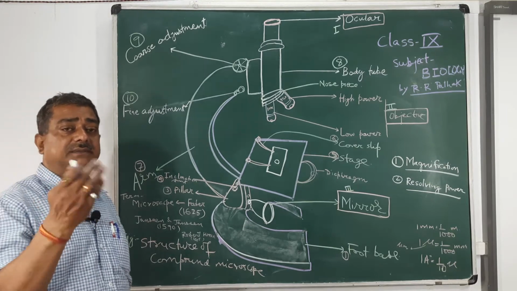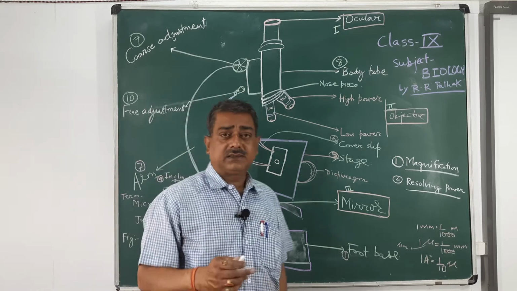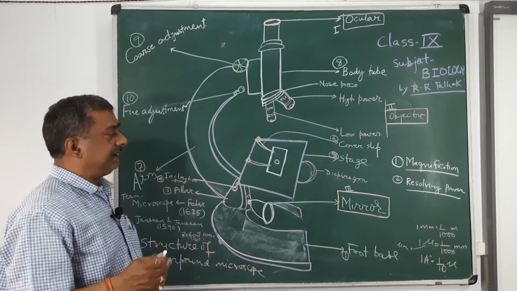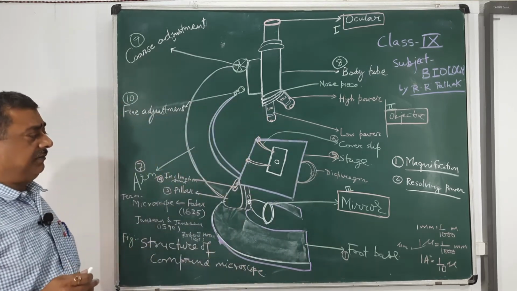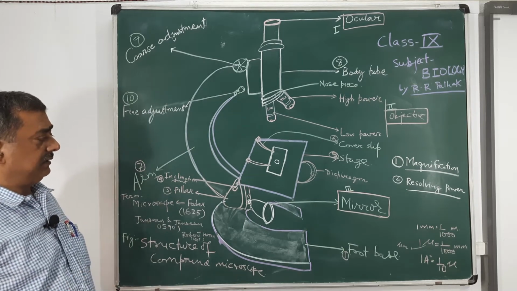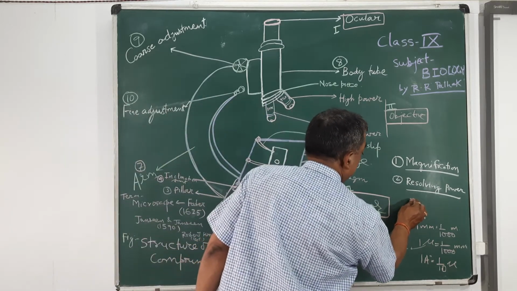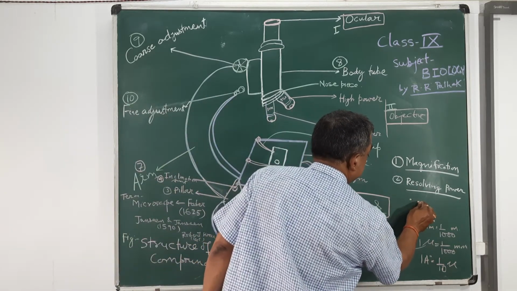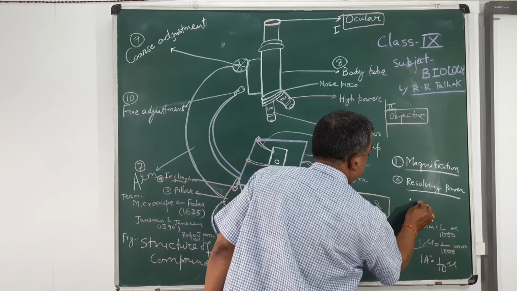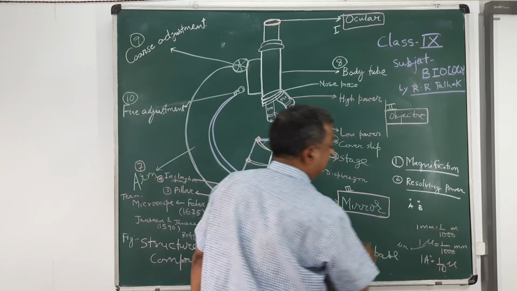Magnification means enlargement of any object. And what is resolving power? In short, it is called RP. Resolving power is different for different types of microscope. Resolving power means the ability to see two objects as two separate particles, like A and B are two objects.